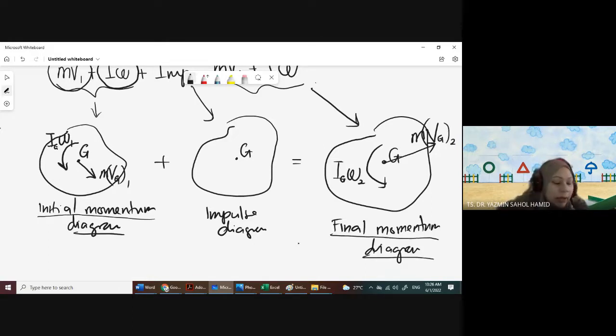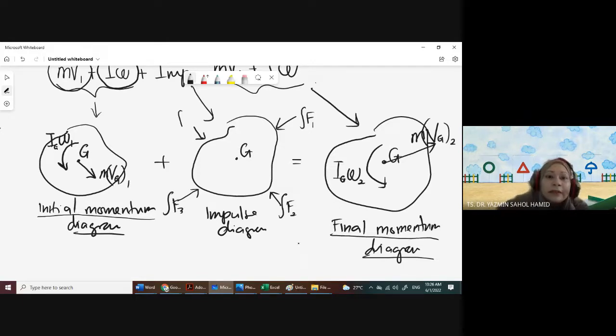And then you will draw the impulse diagram. For the impulse diagram, we have to consider all the external forces acting on it. The external forces can be anything, let's say F1, F2, F3.